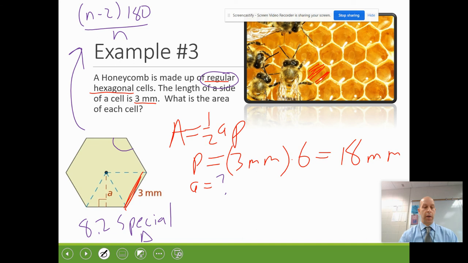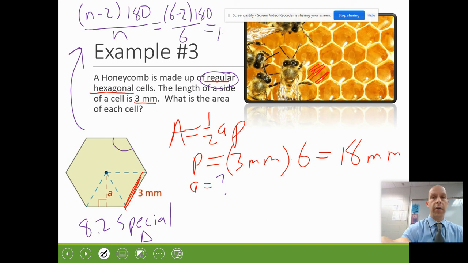I'm going to do 6 minus 2 times 180. And then I'm going to divide by 6. So I claim that this is going to be equal to, in fact, let me just show all my work just to make sure there's no confusion. This turns out to give us an answer of 120 degrees. So this angle here is 120 degrees.